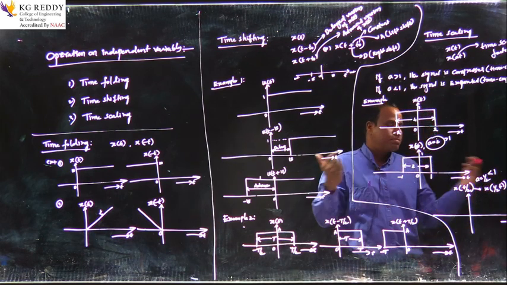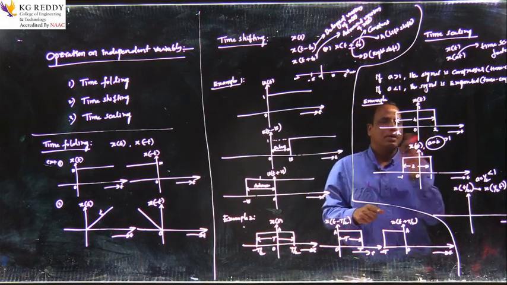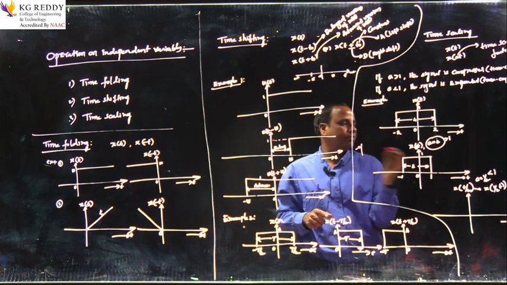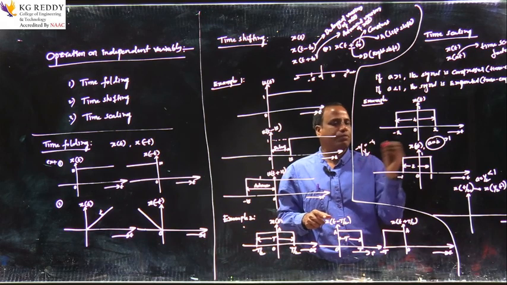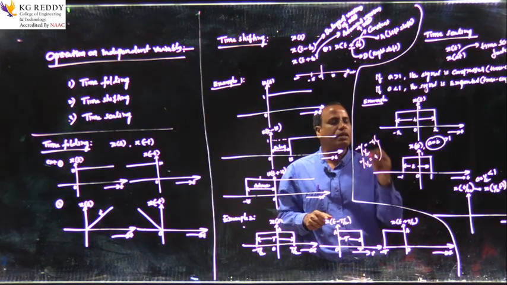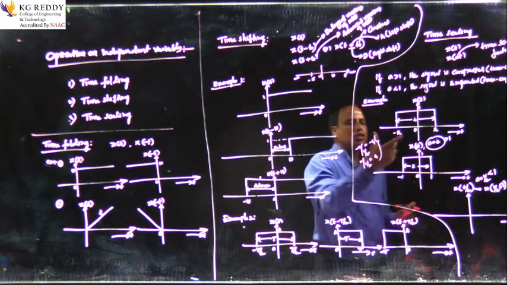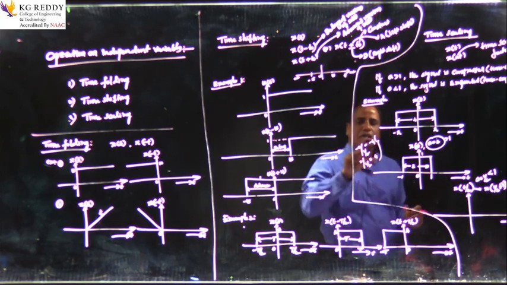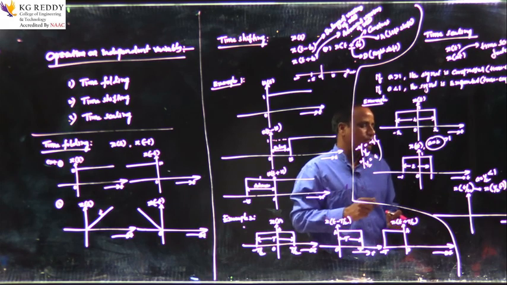The signal will be expanded. The lower limit and upper limit will be divided by the factor: -2 divided by half becomes -4, and 2 divided by 1 by 2 becomes 4. So these will be the lower and upper limits for the resultant signal. Whatever the lower and upper limits are, just divide them by the time scaling factor, and these will be the new limits for the signal.